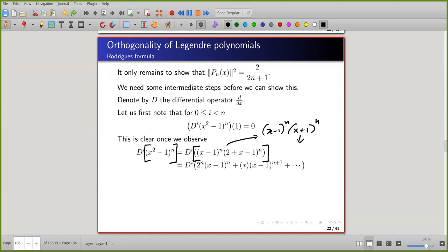And this (x plus 1) to the n, I write as (2 plus x minus 1) to the n. That is what I've done over here. And then I expand this term out using the binomial. Let me erase all this so that I can write a bit more clearly.